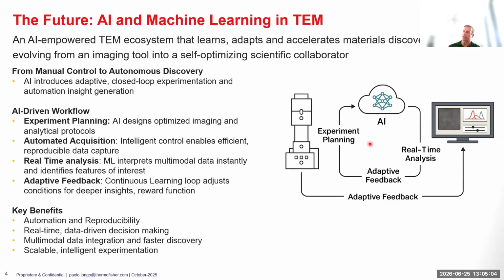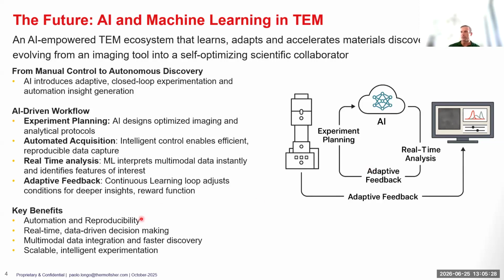The right technique will be chosen, the experiment will start, and data will be generated. But at the same time, you have this feedback loop that will automatically tell if the data is good. If the data is not good, you will move on to a different area, so it will change the condition.